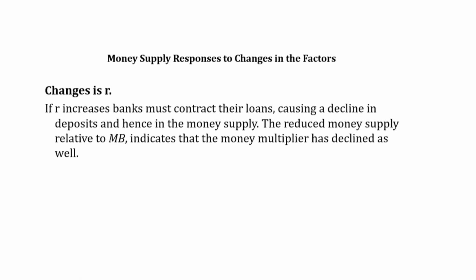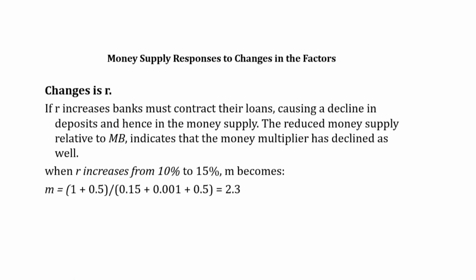I also give some insights here on how the money supply changes when there are changes in R. I have some text here; I'll just show it to you, and you can go through it. When R increases from 10 to 15%, if you plug this value into the formula, the money multiplier becomes 2.3 from 2.5. That means it declines.